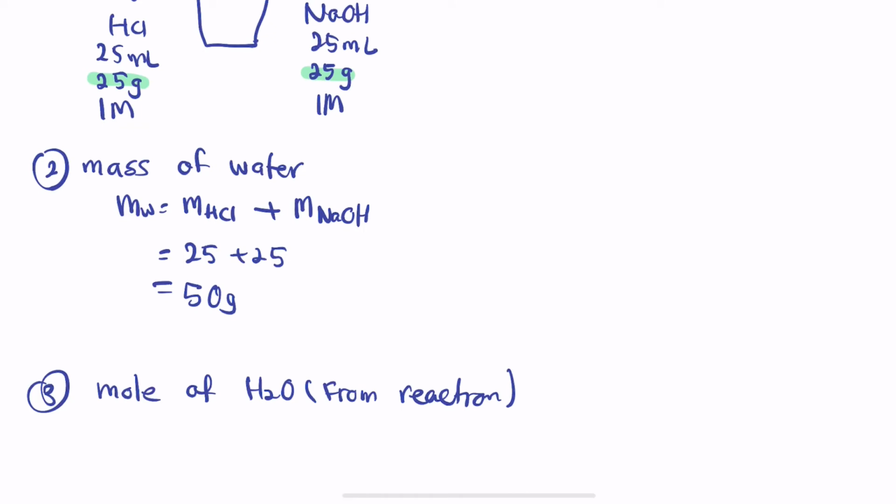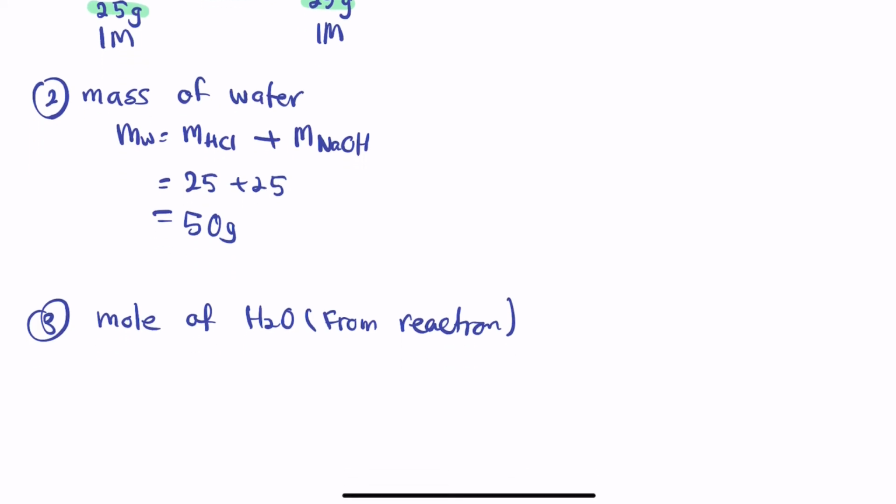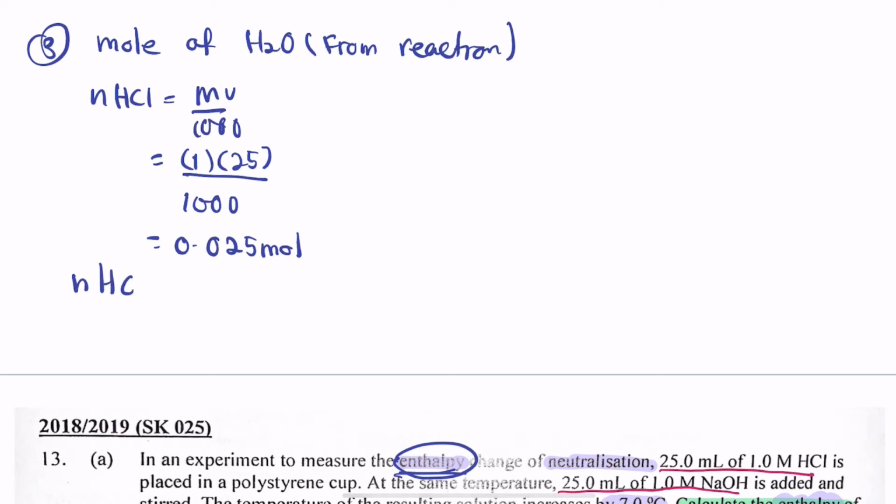Okay, so now from the reaction, you have to do the stoichiometry first. Since the molarity and volume for HCl and NaOH are the same, your sodium hydroxide will be 0.025 mole.